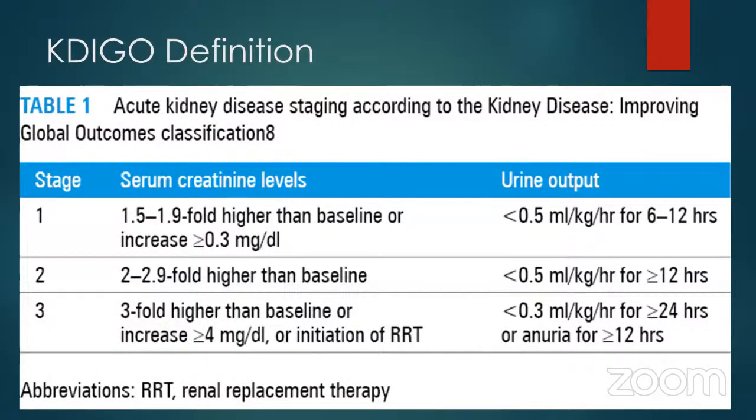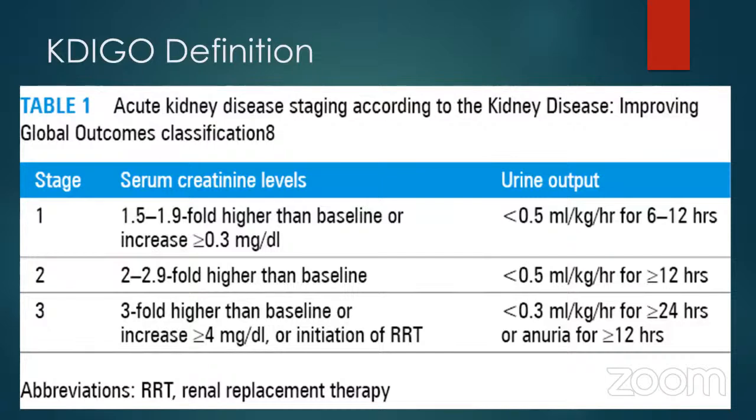In the first stage, creatinine is elevated by more than 0.3 milligram per deciliter, or 1.5 to 1.9 times the baseline. For urine output criteria, stage 1 is below 0.5 ml per kg per hour for 6 to 12 hours. In the second stage, the creatinine level is 2 to 2.9-fold higher than the baseline, or urine output is less than 0.5 ml per kg per hour for more than 12 hours.